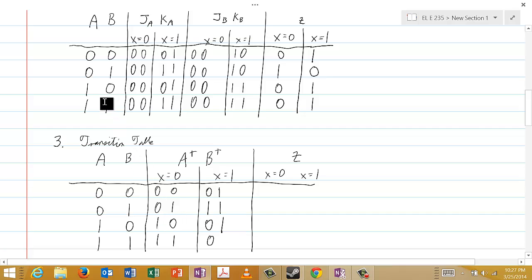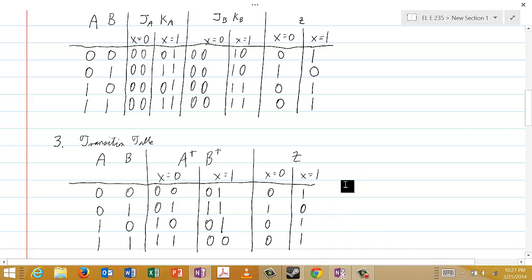But in the last line, B is equal to 1, and when we toggle that, the next value of B will be 0. And of course, no extra work is required for calculating the output Z. We just copy that down immediately. So we have 0, 1, 0, 0, and 1, 0, 1, 1.